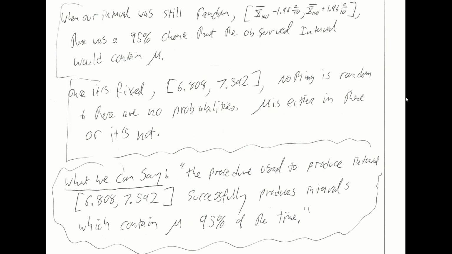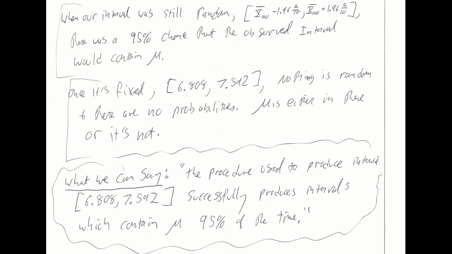So again, when our interval was still a random quantity before we had observed the sample mean, I can say that there's a 95% chance that the interval that I ultimately obtain once I make my observations will contain mu. And that's true. But once the interval has fixed endpoints, there is nothing random, there are no probabilities. Mu is either in there or it's not.